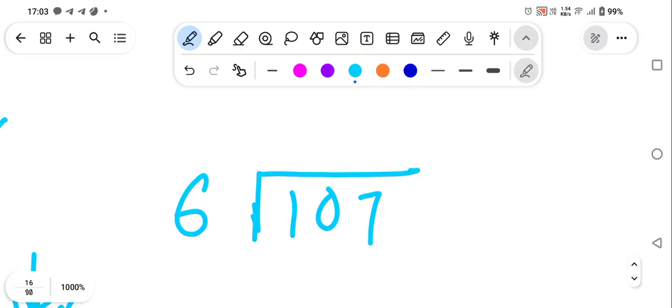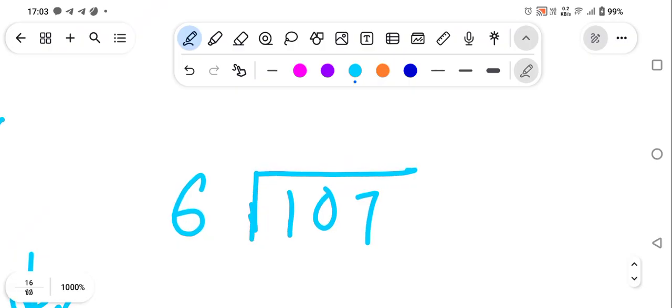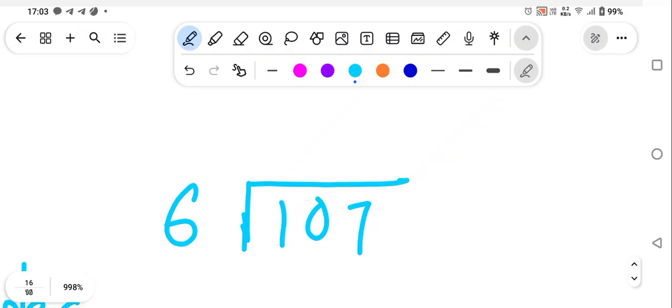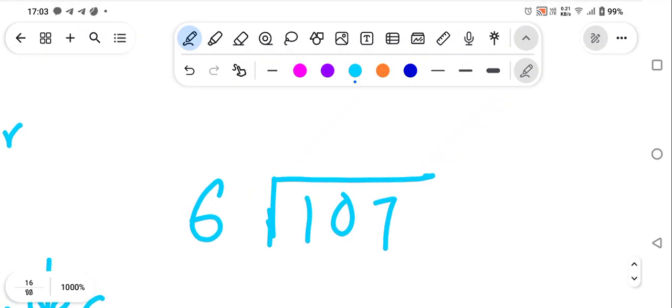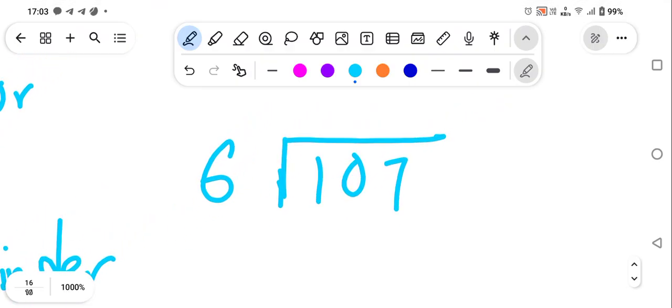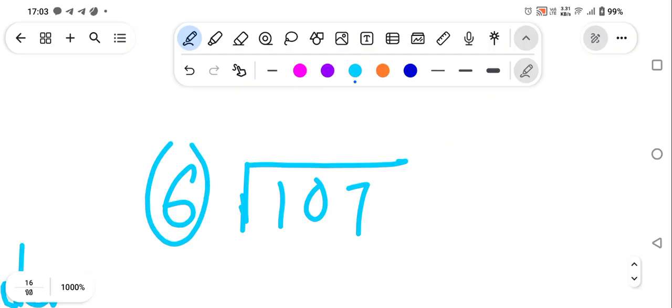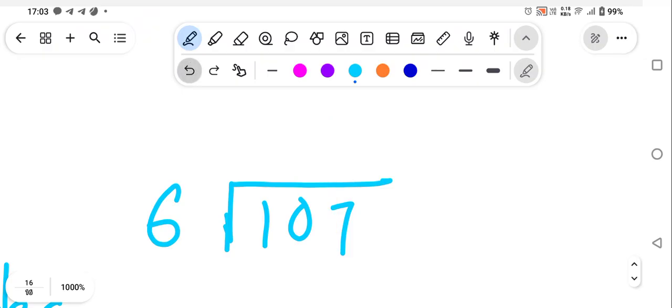Okay, so what we can do if we start to divide by a large number, there's no way we're gonna find something so large that it can divide 6, right? Well, we can start from here. So what is the multiple of 6?